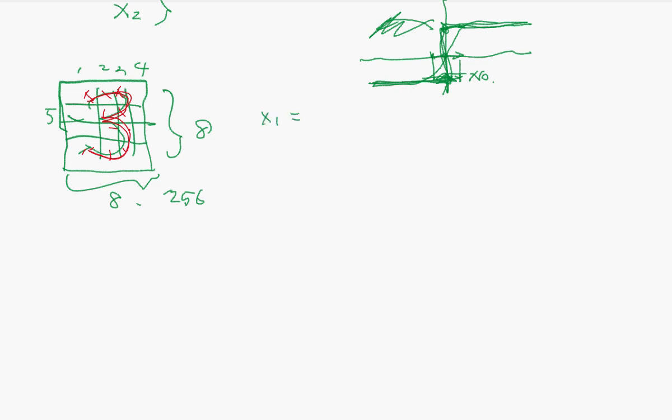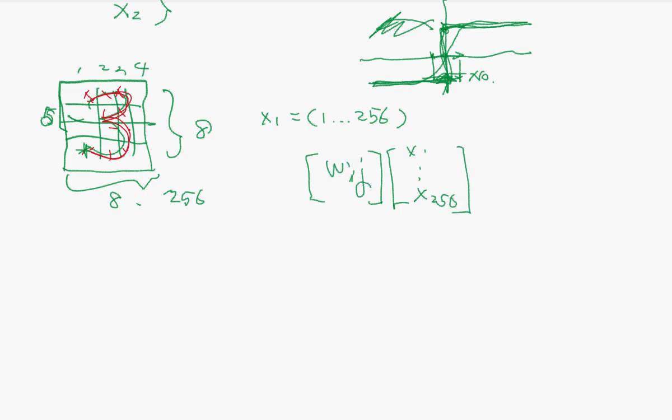X1 is one of the 256, and for whichever boxes are hit, you make a matrix X1 to X256.